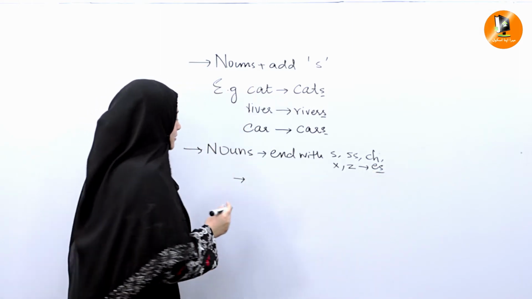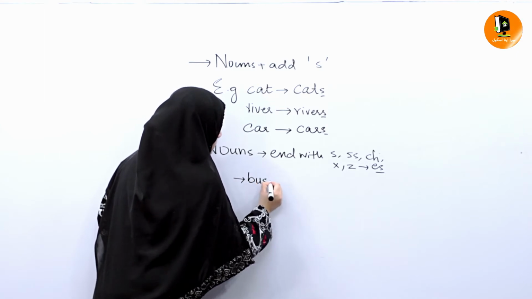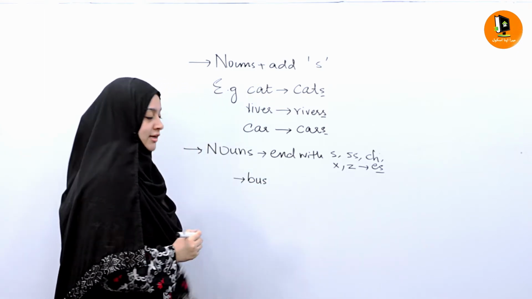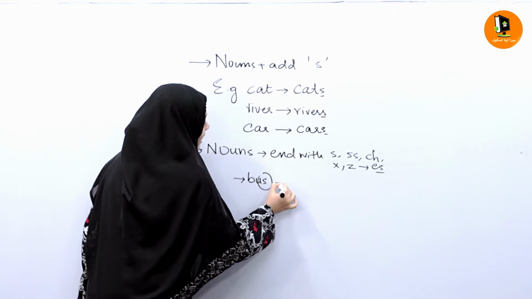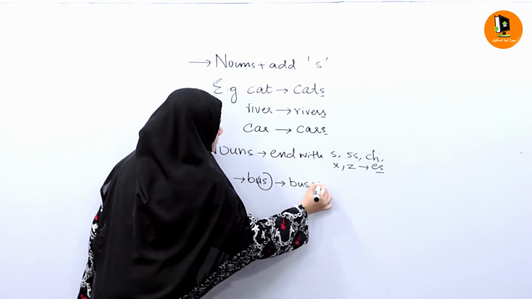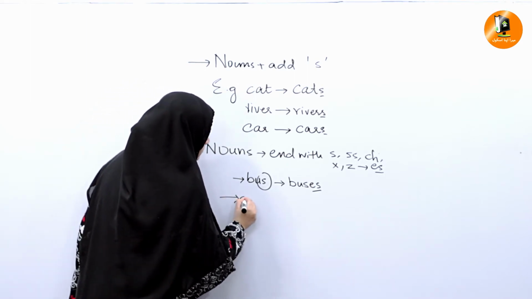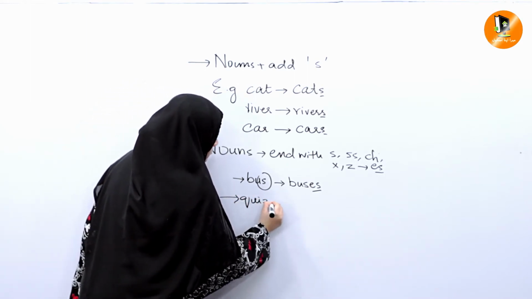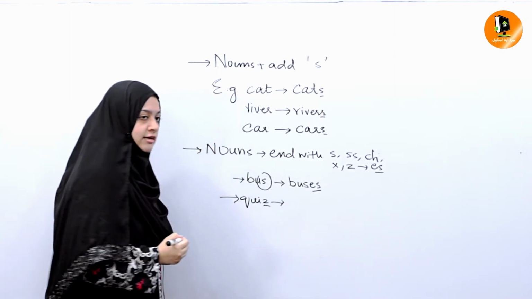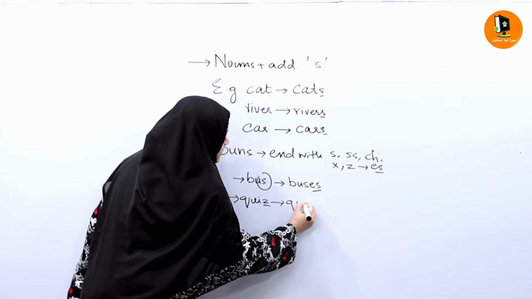Let's take some examples. Bus. It is ending with an S, so we can add an ES and make it buses. Similarly, quiz. It is ending with Z, so we can add ES and make it quizzes.